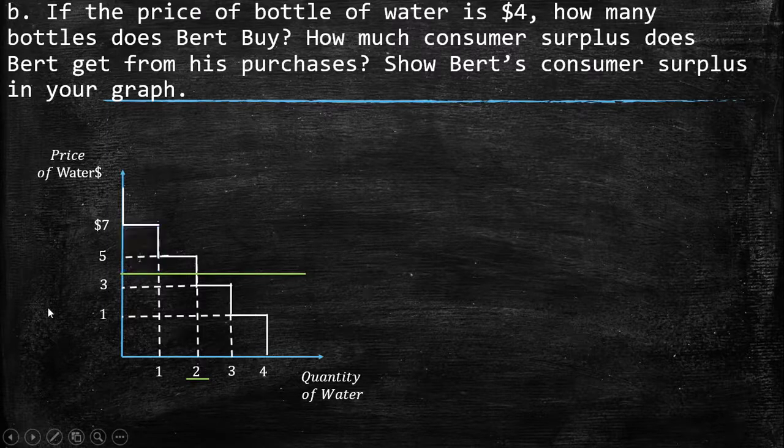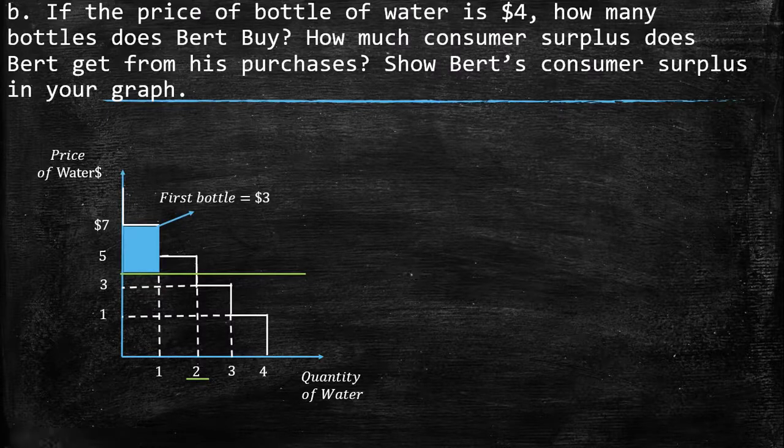So for the first bottle, remember that Bert will pay even $7. But because the price is 4, you have a benefit of 7 minus 4, so it's going to be 3. So this is the benefit, the consumer surplus. Here is the first bottle's consumer surplus.